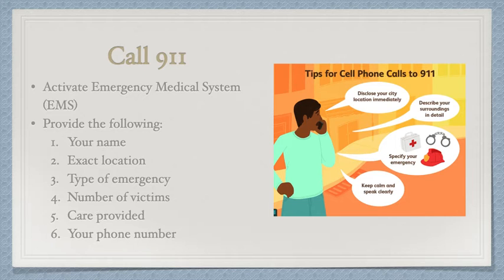One thing I'll say: most people use cell phones nowadays, and there are a couple of things to keep in mind when you call 911 on your cell. It's not going to direct you to a local police department like if you call on a landline. It's going to get routed somewhere else, then they'll take that information and send it to the local fire department and police department.